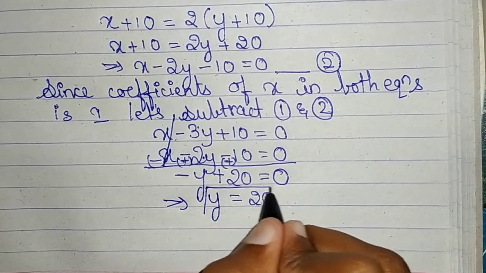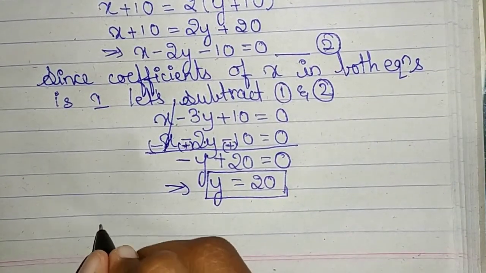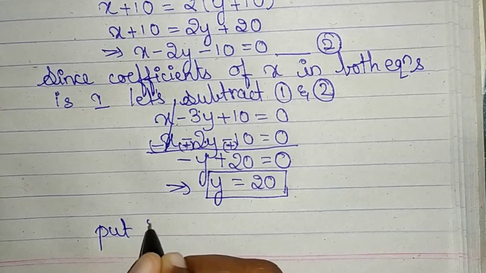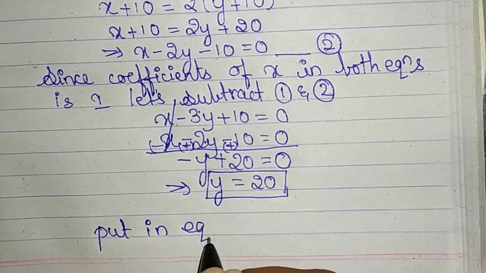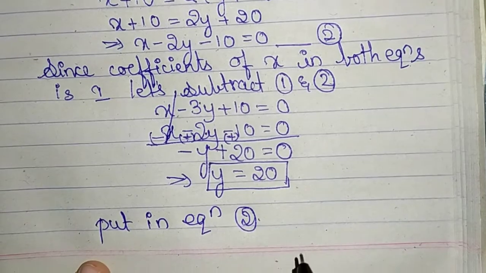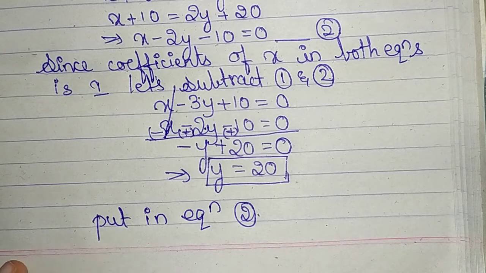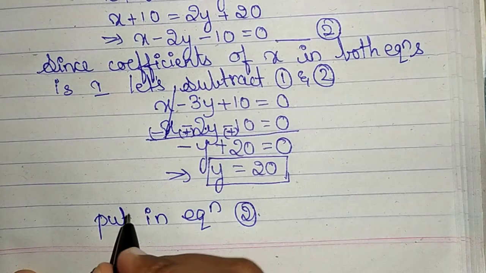So Sonu's age is 20 years. Now put this value of y in equation 2. Either of the equations, there is no condition that you should always put it into. It depends which equation you want to choose.